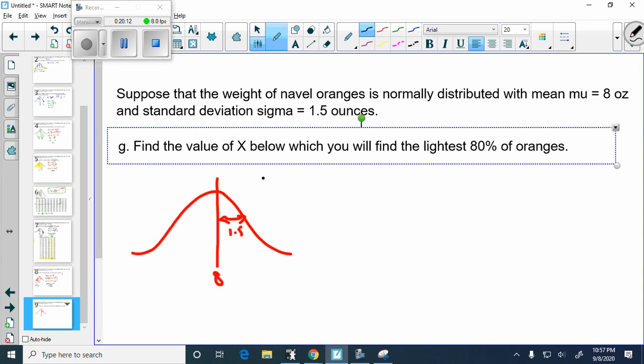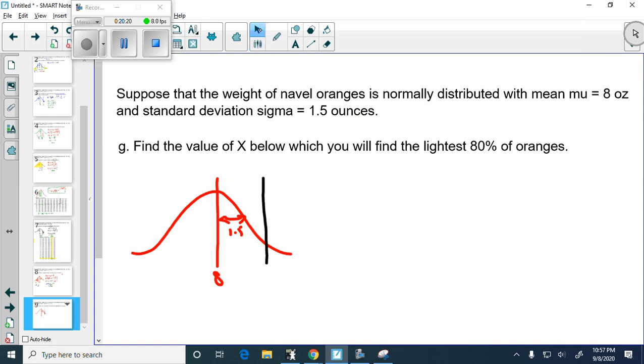So somewhere I've got a bar, and the area to the left of that bar needs to be 80%. So the question is, where does that bar go? Does it go here? Here? Over here? Well, first of all, I know it's got to go to the right of this number, because over here would be less than half. So it's somewhere in here.